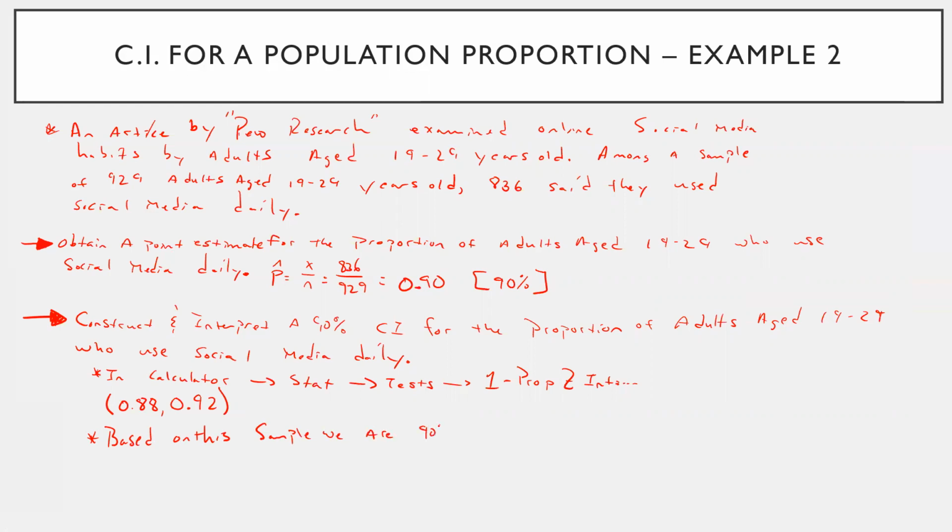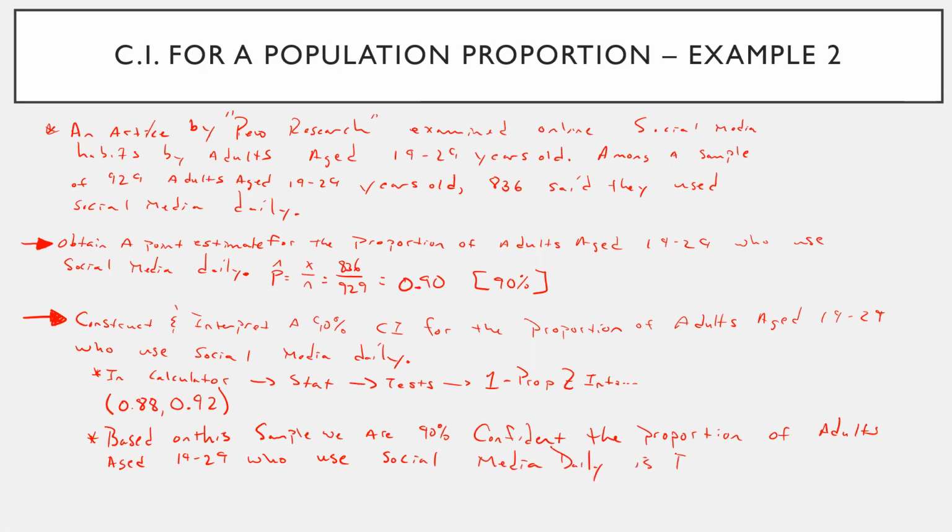We are 90% confident the proportion of adults age 19 through 29 who use social media daily is somewhere between 0.88, so it could be as low as 88%, and it could be as high as 92%.